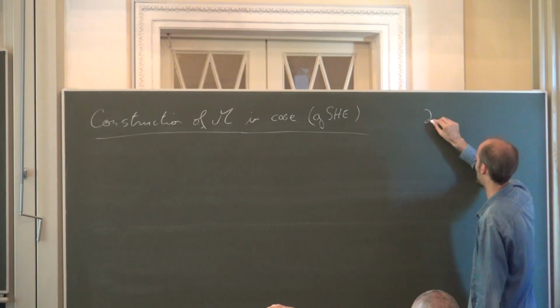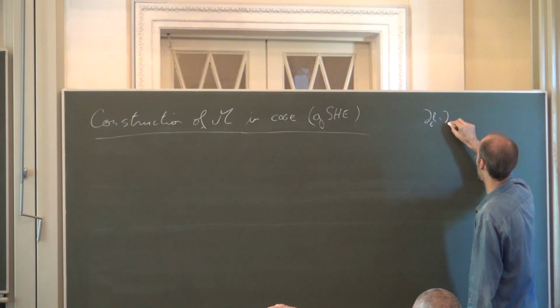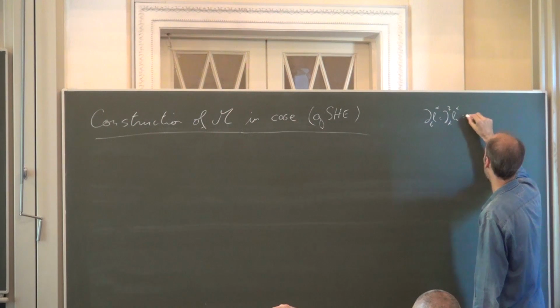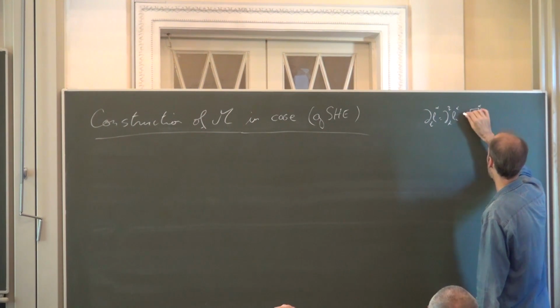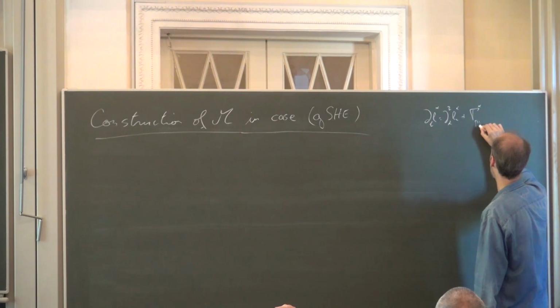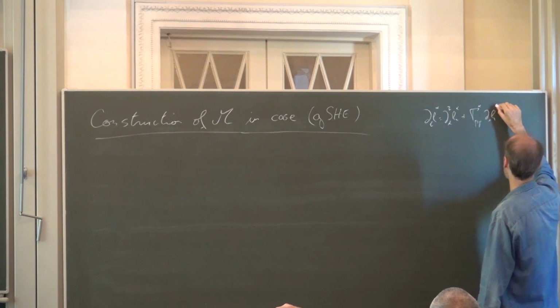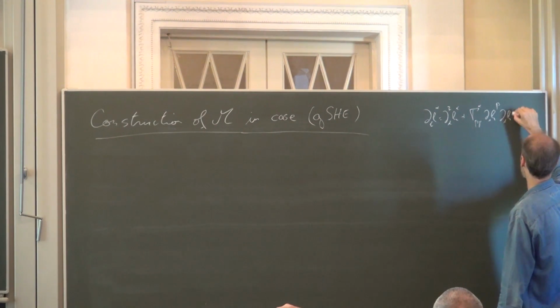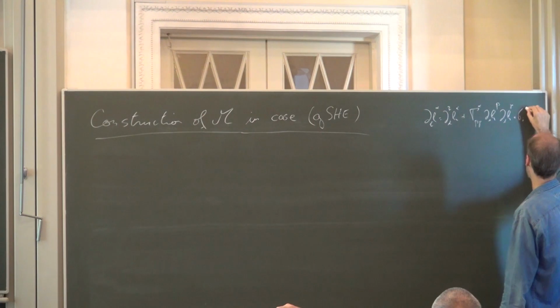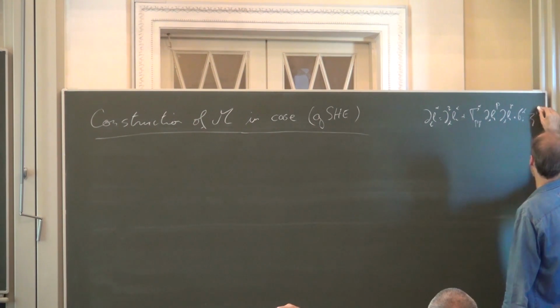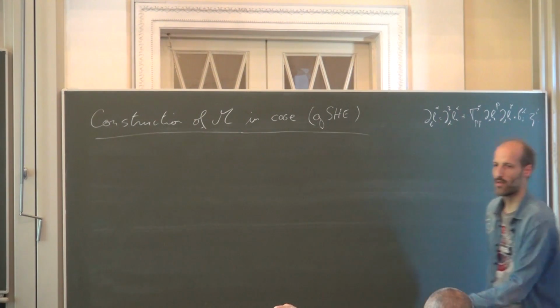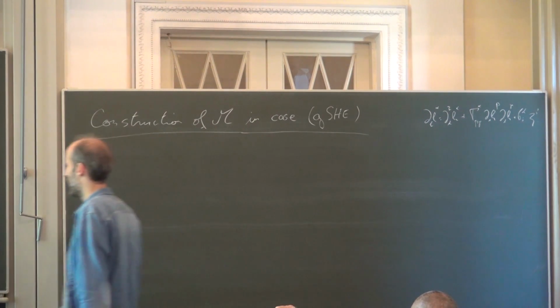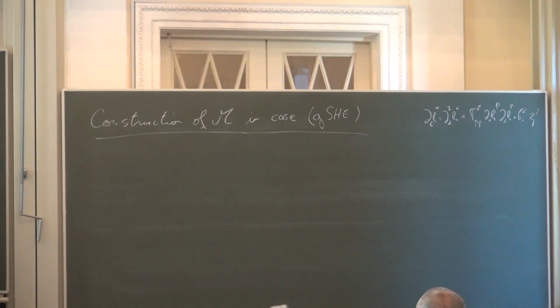which was this: dt h^alpha equals dx squared h^alpha equals some Christoffel symbols dx h^beta dx h^gamma plus sigma_i^alpha xi_i, right? So that was this equation that we looked at yesterday and the day before.